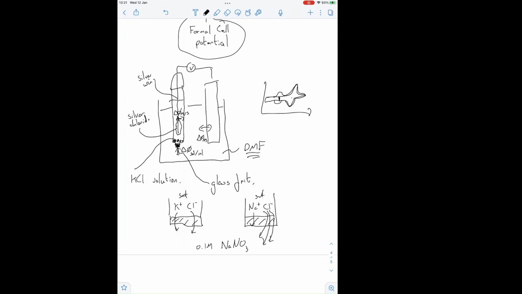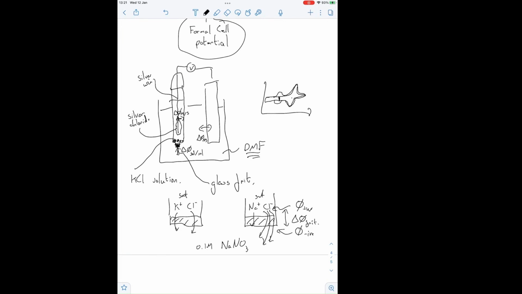So what happens here is that I have a positive Galvani potential here, and I have a negative Galvani potential here. So that's negative, that's positive, and I have a difference in Galvani potentials across that interface, across the frit. So I will measure that potential difference when I try and do my potential difference measurements.